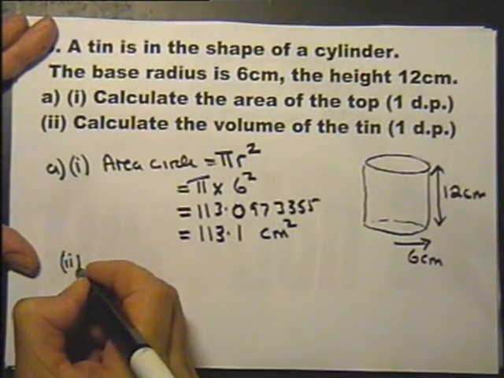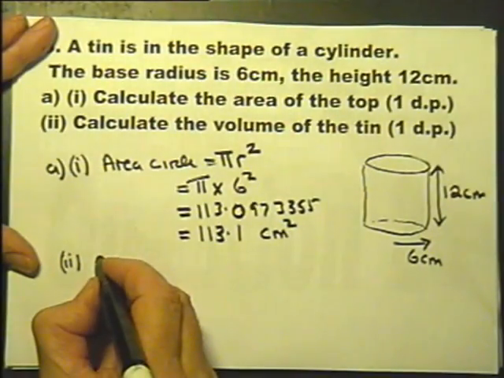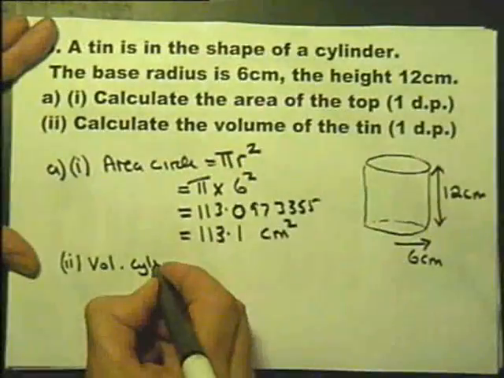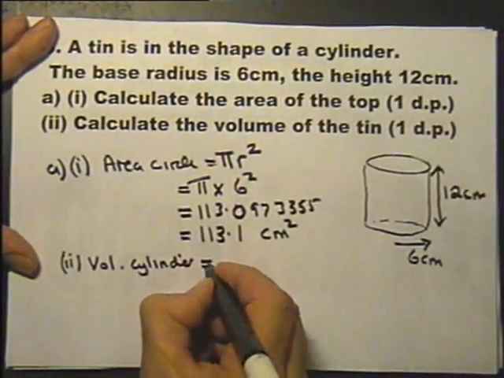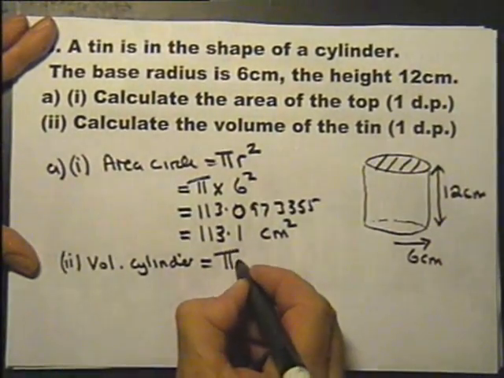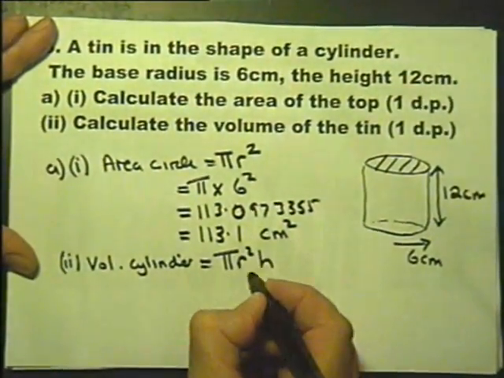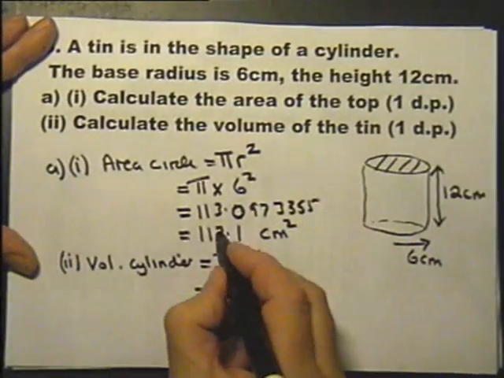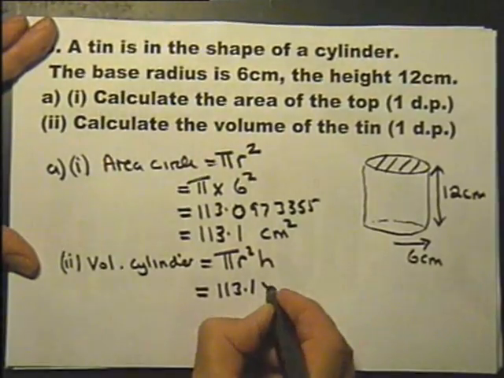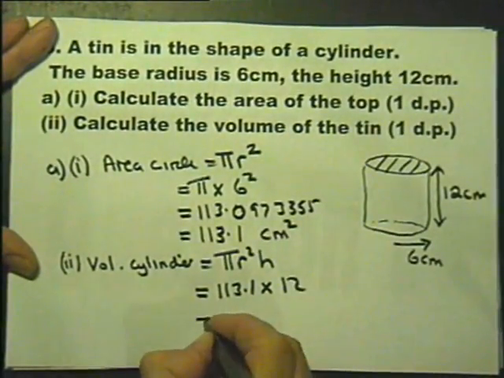Calculate the volume of the tin. Now there is a formula for the volume of a cylinder, and it's the area of the end part, which is pi r squared, multiplied by the height of it. So in fact, to get the volume, I've got to take this previous answer and multiply it by the height.